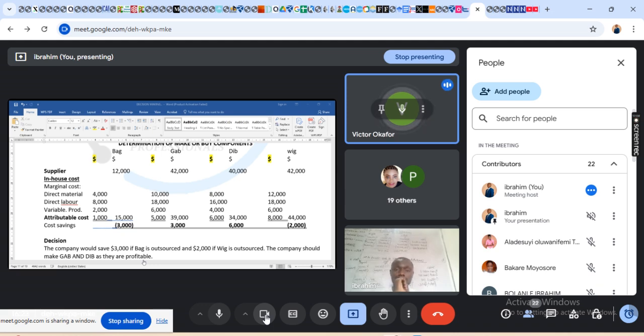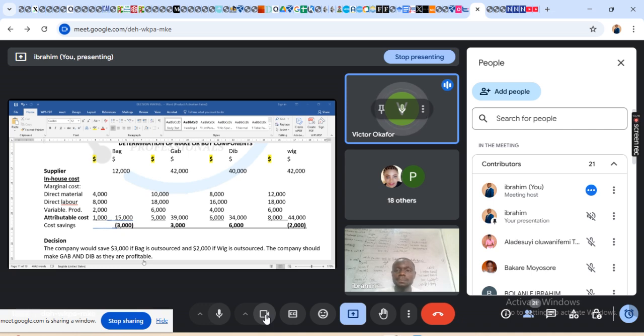All right, just a simple one. I just want to be clear. This attributable cost that you included is considered as relevant cost.